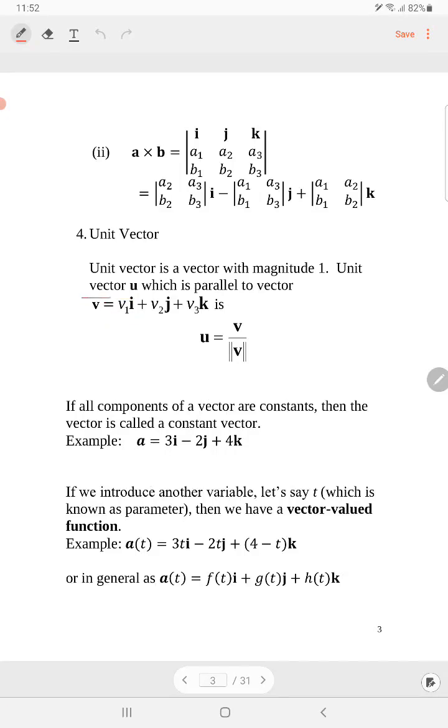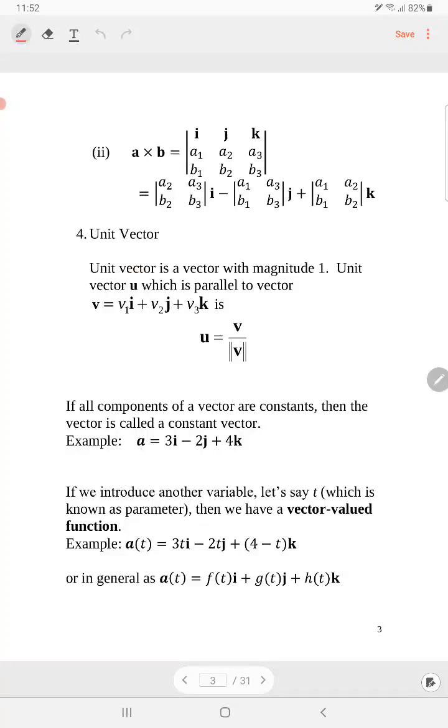So what you do is you take the vector v and divide by its magnitude. That will give you a unit vector u, meaning that the magnitude of this vector u will be 1, but it has the same direction as v. We will use unit vectors here in finding the unit tangent vector and unit normal vector later on.